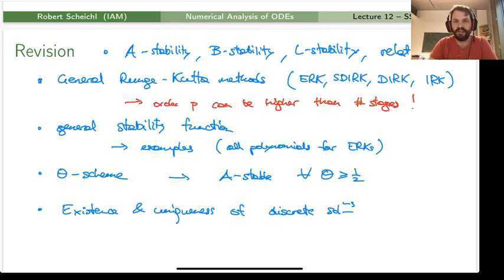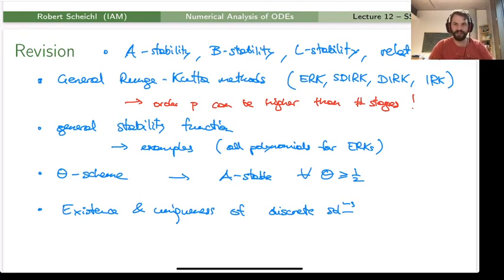So we basically only ever depend on the current stage value and not on future stage values, which makes it a little bit easier to solve. And then SDIRKs, singly diagonal Runge-Kutta methods, which have the same diagonal on all stages.